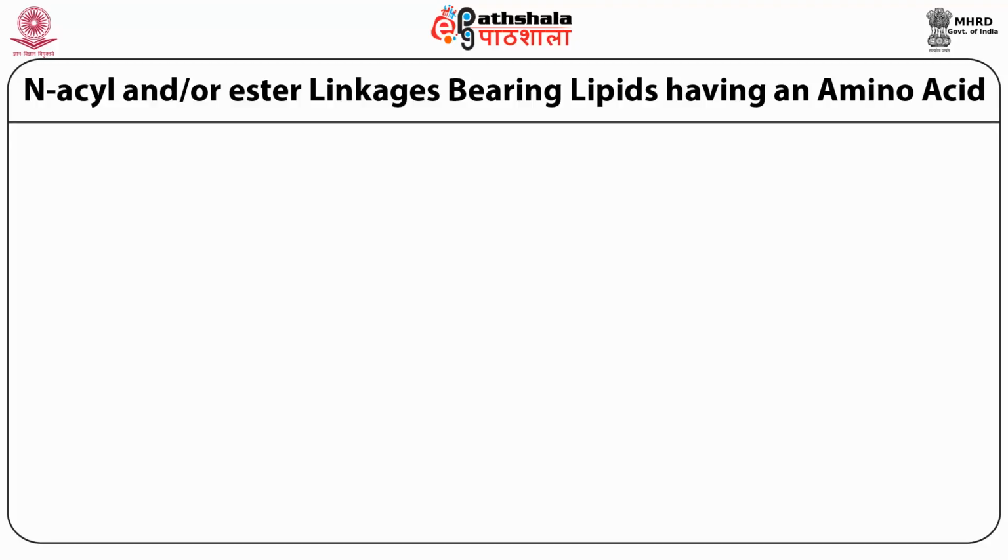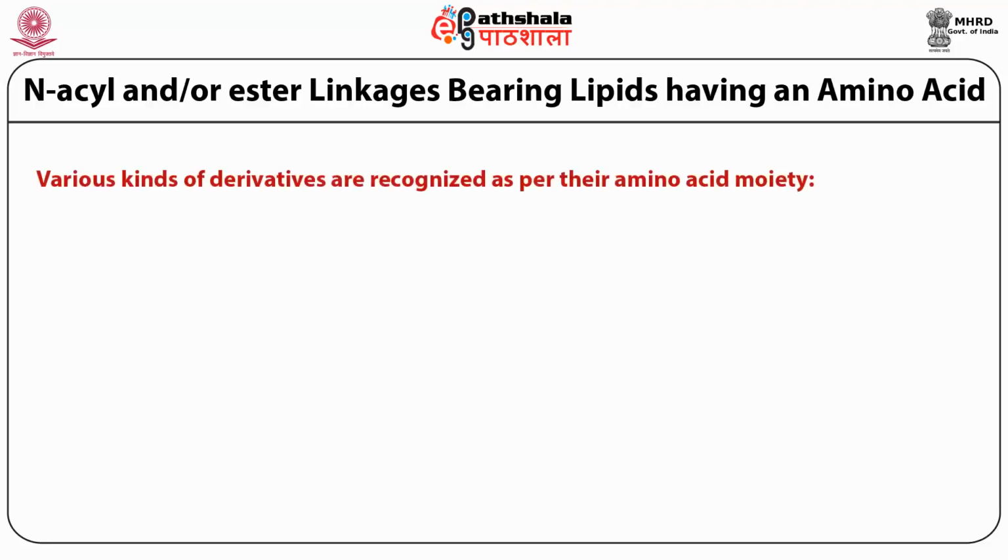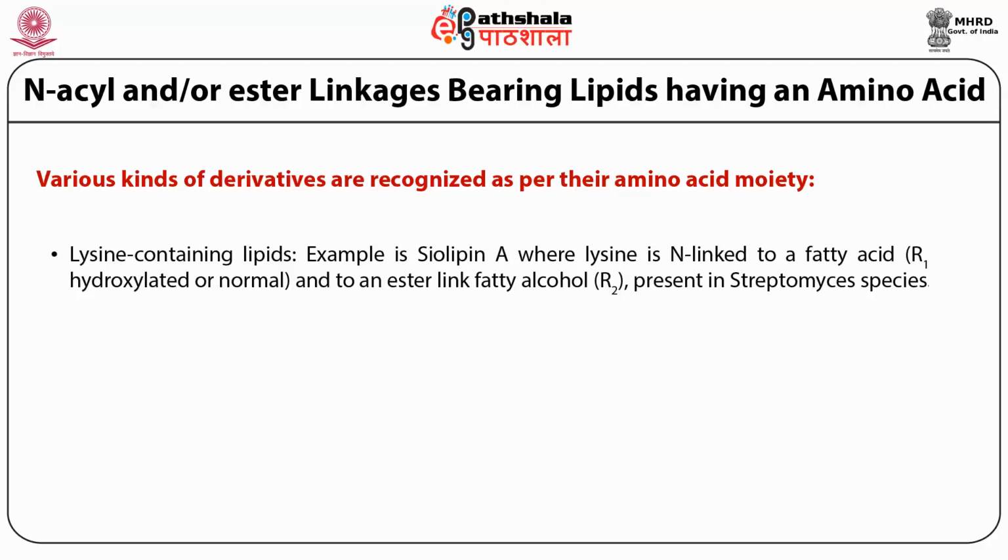The N-acyl or ester linkage bearing lipids with amino acids possess various kinds of derivatives and are recognized as per their amino acid units: the lysine containing lipids, the ornithine containing lipids, and the glycine containing lipids.